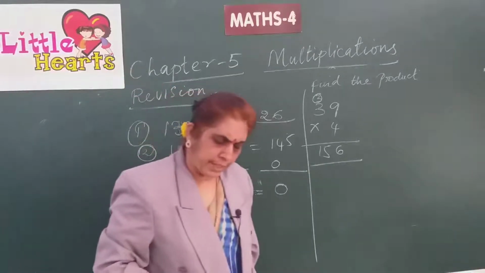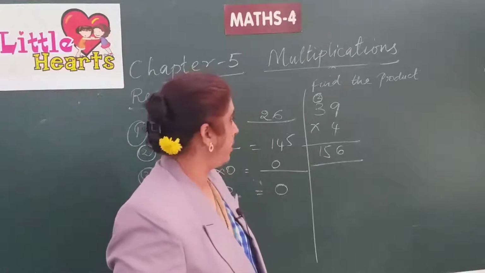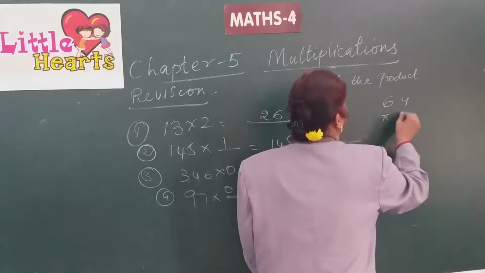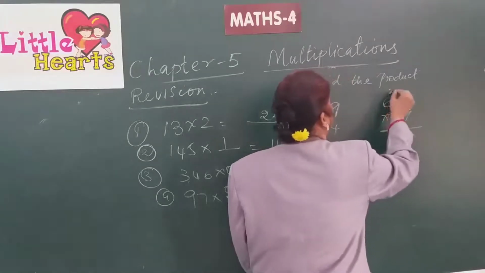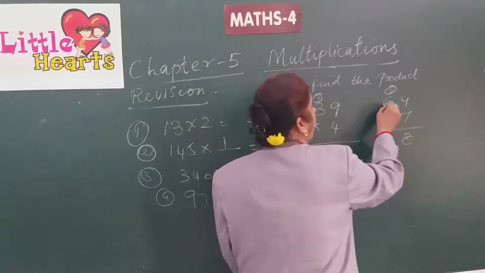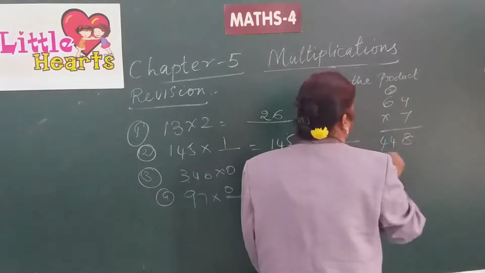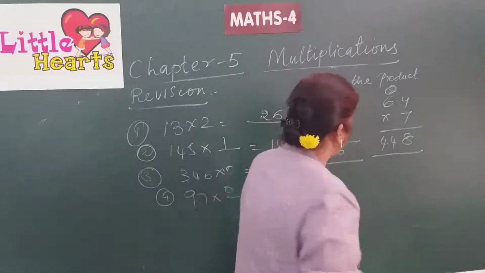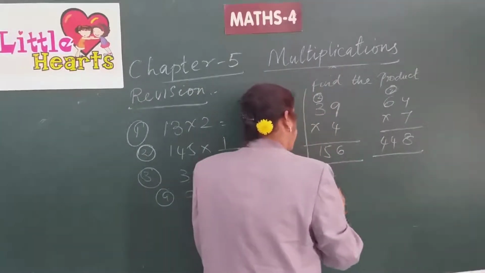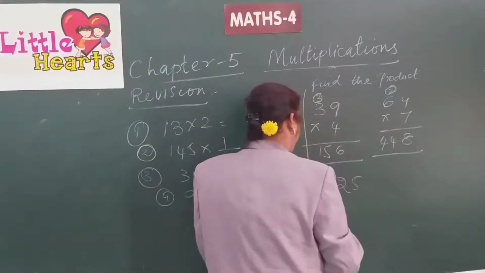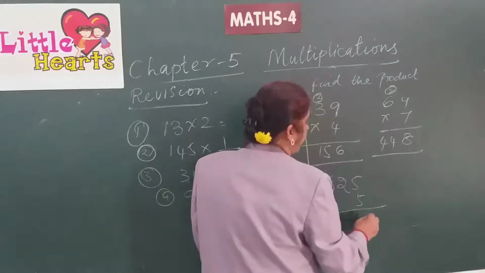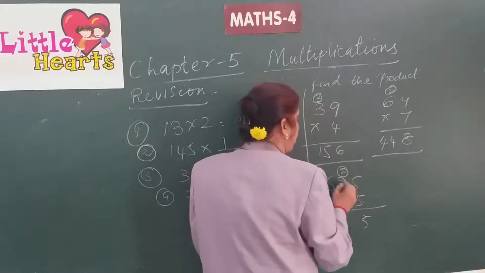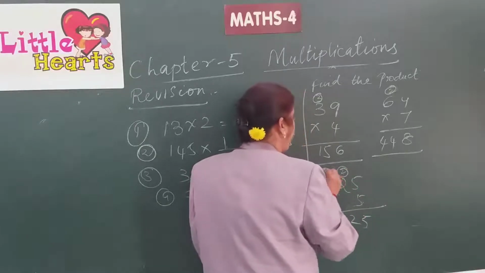That is the most important thing which makes it easy to solve the problems. 64 into 7. 7 4s are 28, carry 2. 7 6s are 42 plus 2, 44. 625 into 5. 5 5s are 25, carry 2. 5 2s are 10 plus 2, 12, carry 1.